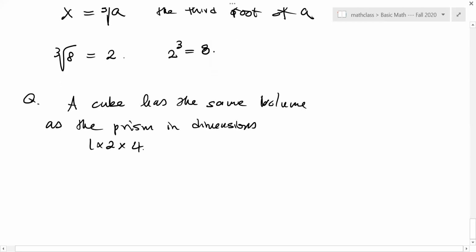My question is, what is the difference of their surface area? Any difference?